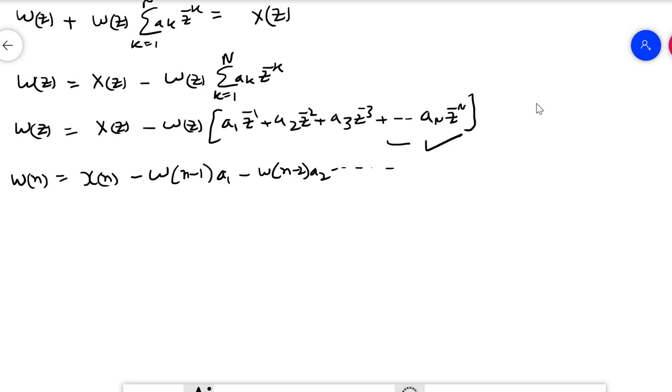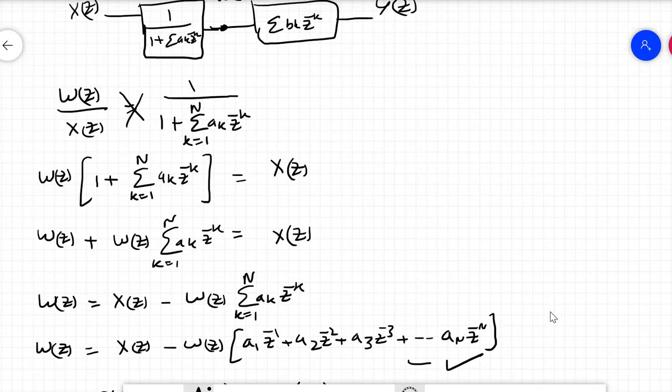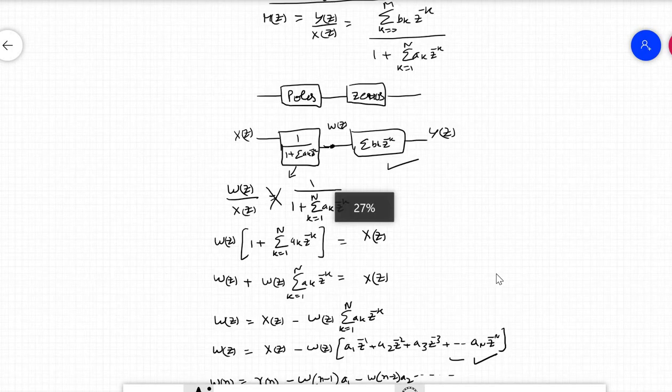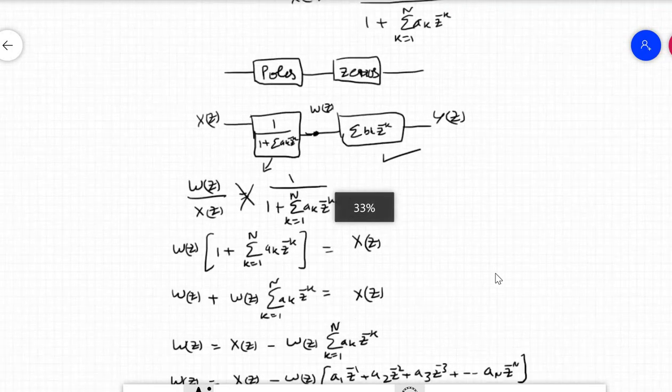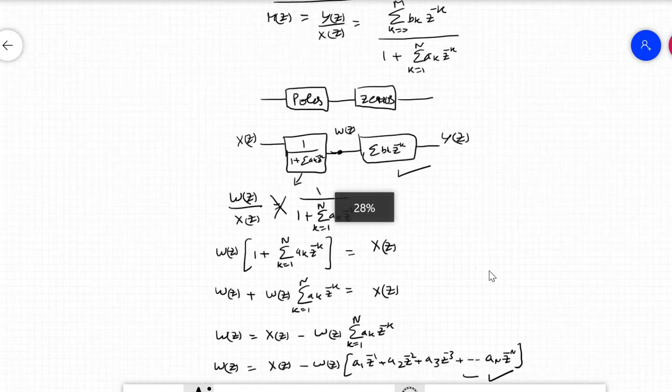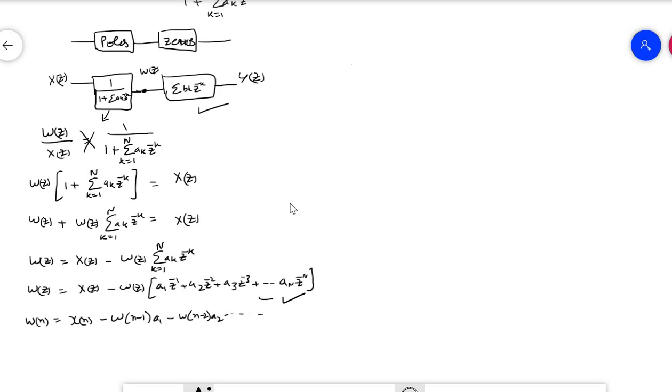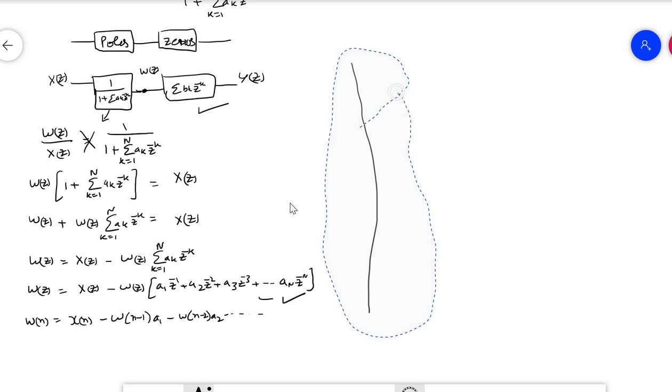Now next is, this is about the zeros. Next is our poles. Now see the difference also.